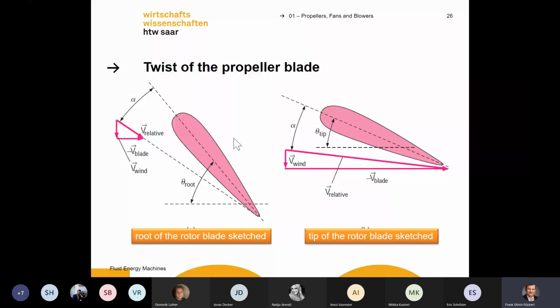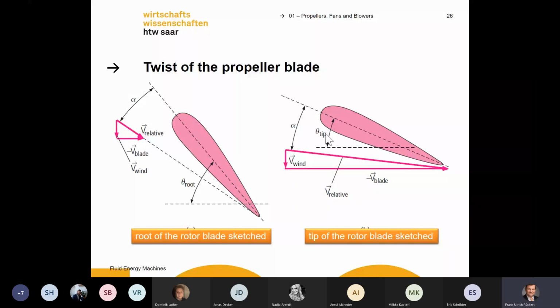So we have to change the angle so that, even in the middle and at the tips of the propeller, you can have the same wind velocity.